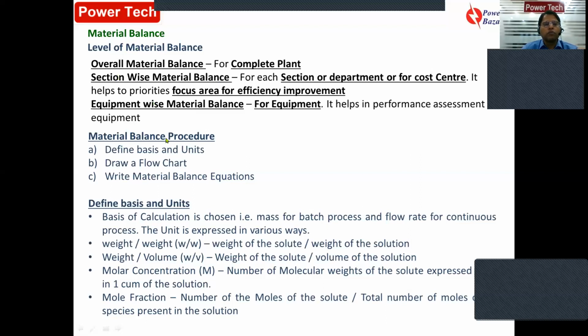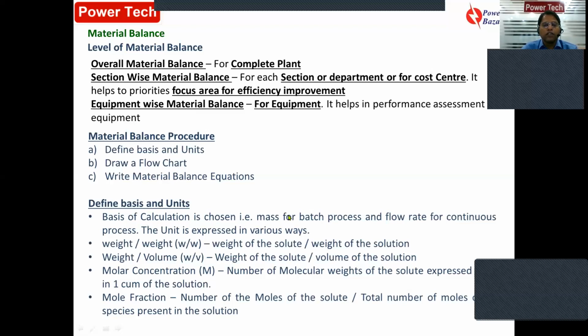Then material balance procedures. There are three procedures again. One is to define the basis and units, which is very important. Then draw a flow chart. And after that, write the material balance equations. Now we'll understand a little bit what these procedures are. Define basis or unit. That means the basis of calculation is chosen.